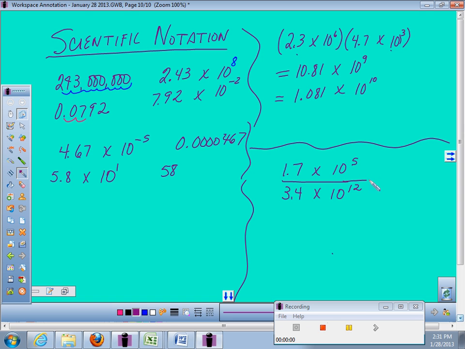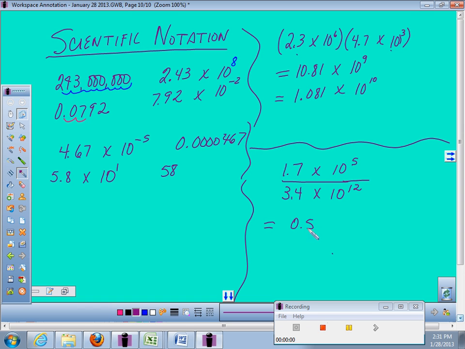Okay. With division, there's one rule. Your answer has to be in scientific notation form, so if it's division, you have to move everything up. You can't leave something in the denominator. So what do you think you're going to do to the coefficients out front? You're literally going to divide them, which is a half, 0.5.